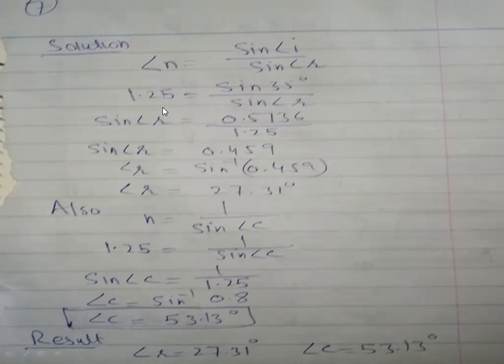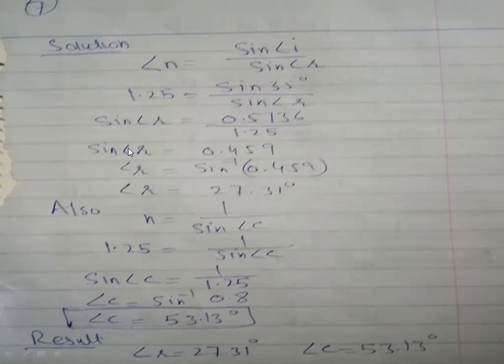Just plug in the values and separate out sine 35 degrees. Sine 35 is 0.5736, and if you divide this by 1.25, you will get 0.459.